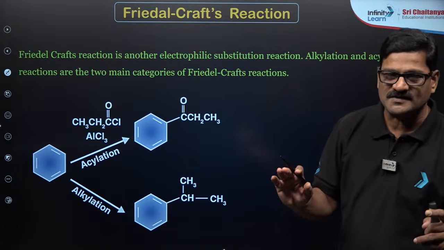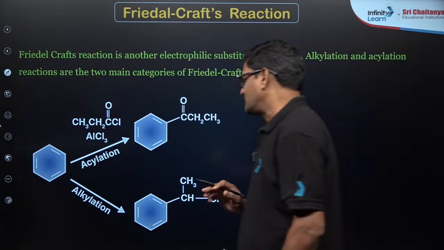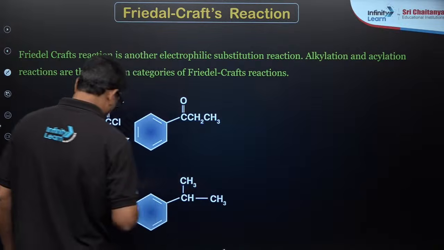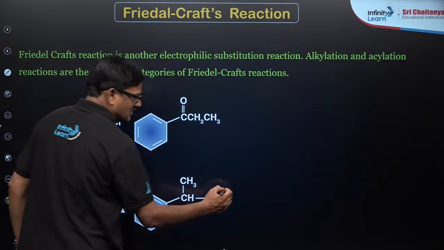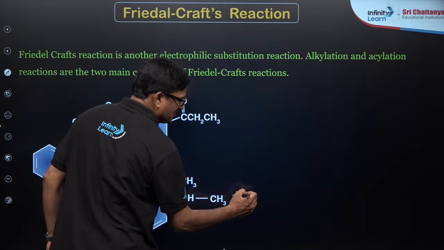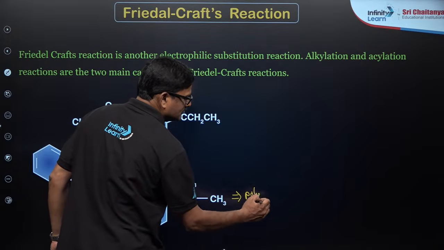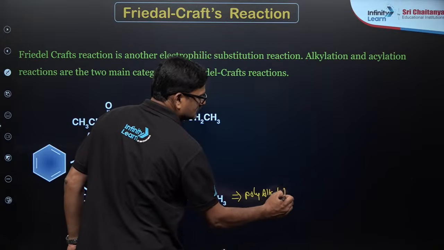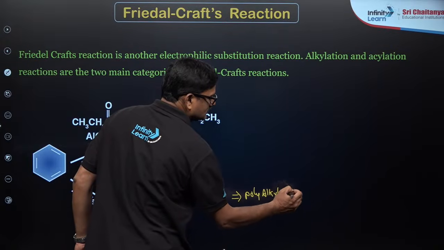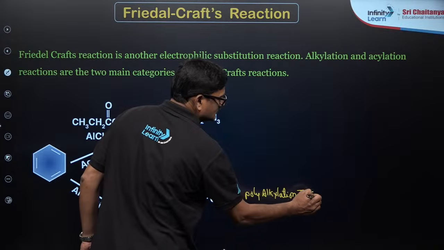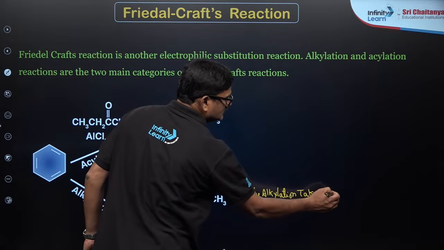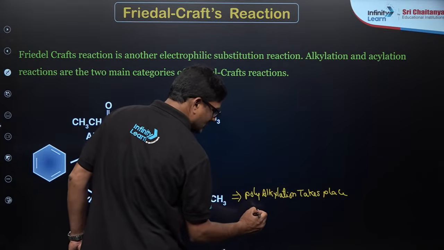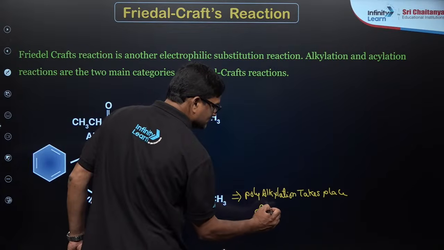What makes the difference in the Friedel-Crafts alkylation and Friedel-Crafts acylation? So in this alkylation, polyalkylation takes place, and carbocation is going to get rearranged.